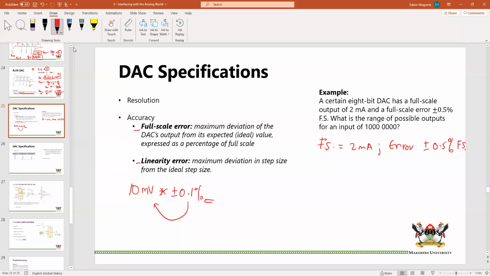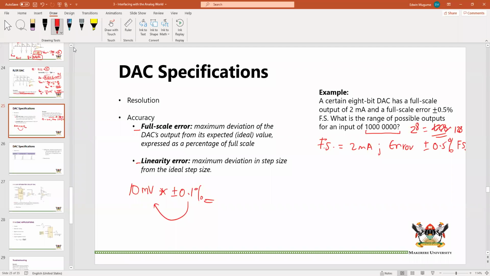What is the range of possible outputs for an input of that? This is really 2 to the power 8. 2 to the power 8 is 128? I think it is 128.